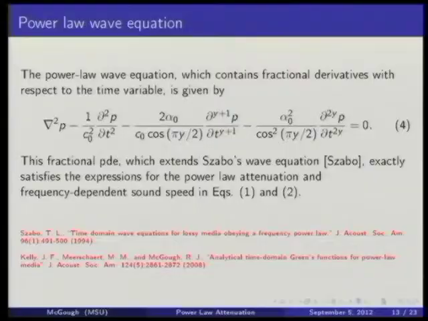When you have a fractional time or fractional space derivative, there's a continuum of interactions that occur instantaneously, as opposed to flow from one cell to another. So what these do is show a kind of memory in the system that is not present here.